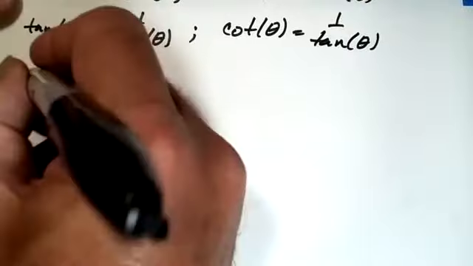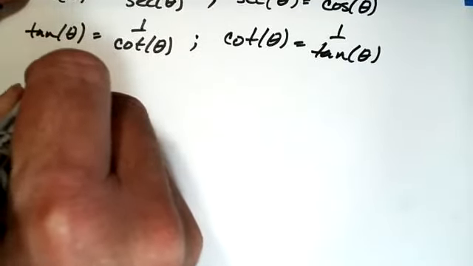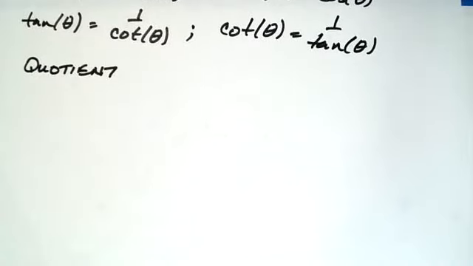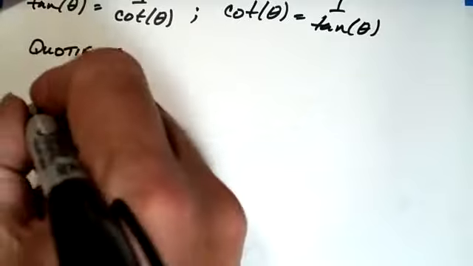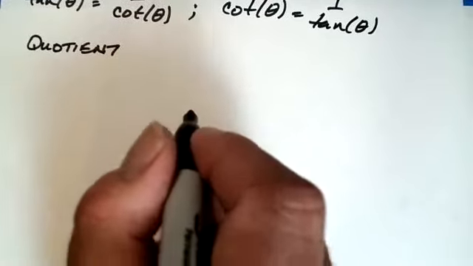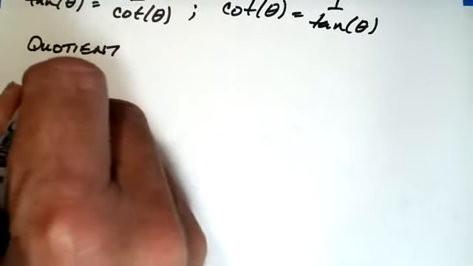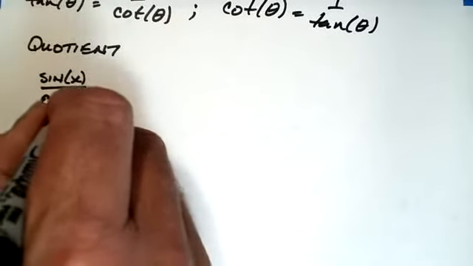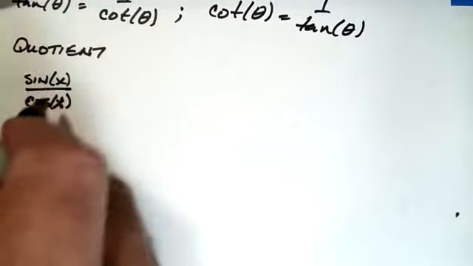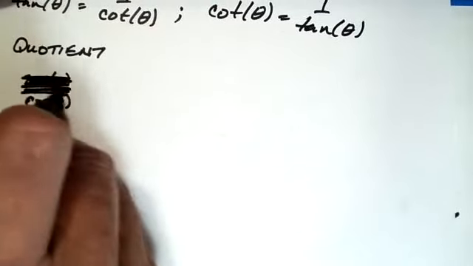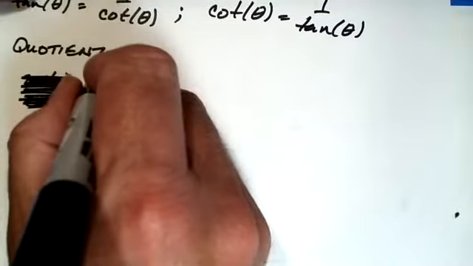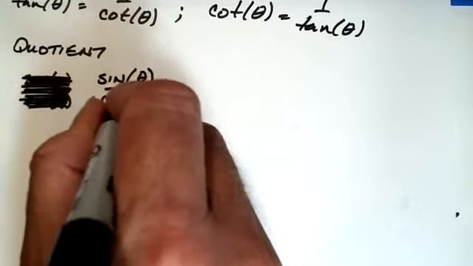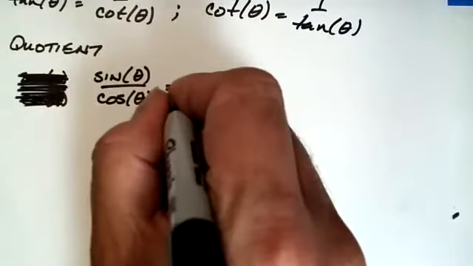Okay, now there are also what are called the quotient identities, and quotient is a fancy word for ratio or a fraction. So note that, let's look at the ratio of sine of theta to cosine of theta.